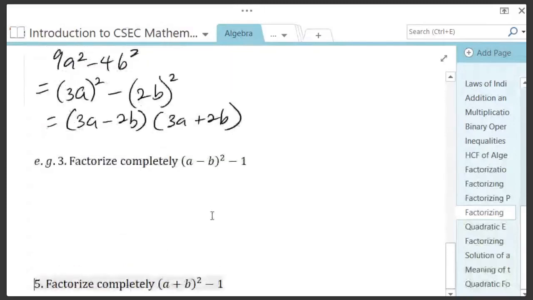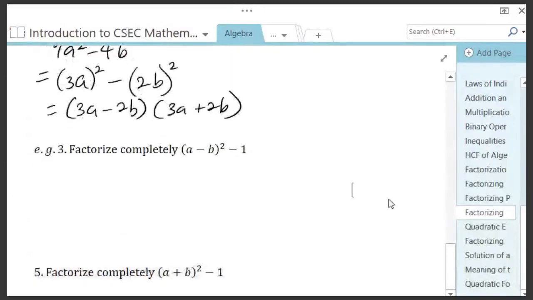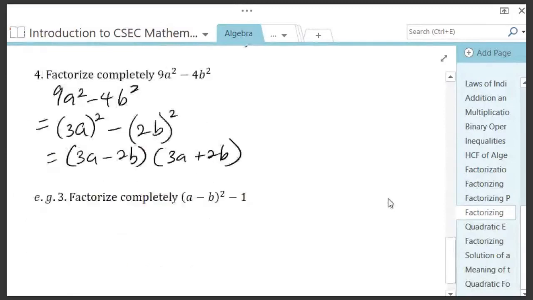Okay, this example here is a little more complicated. I have seen it once in the past papers, but it's useful to know. This is a difference of 2 squares.